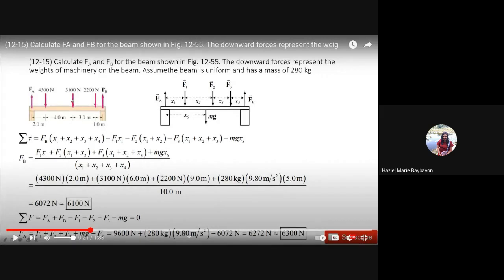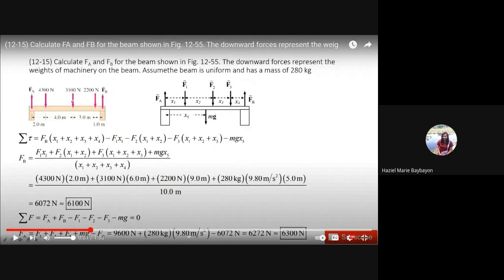So F1 is positive. By the way, class, if this is our pivot point, F1 is here, it has no torque, no? It has no torque, because R here is equal to 0. So R cross F, no matter how big the force you put, if it is at the pivot point or at the center of gravity of the object, then it has no torque. It cannot cause any torque.